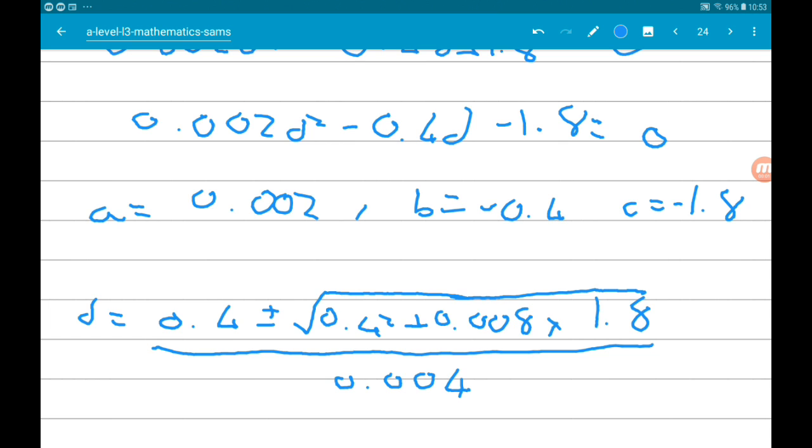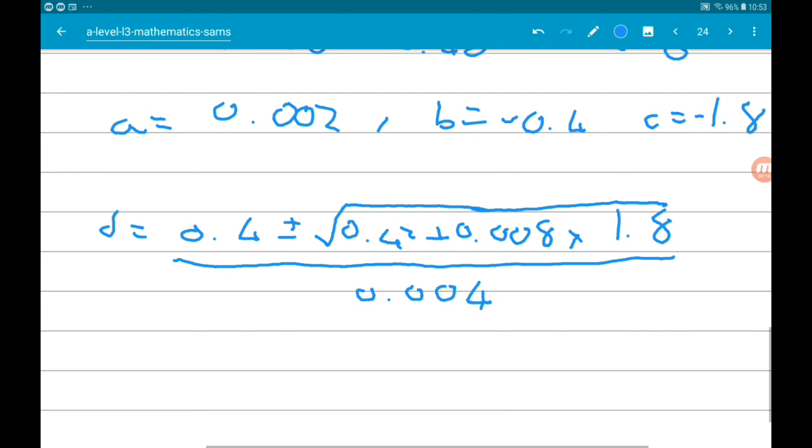Okay, so having put that through my calculator, we only want the plus the square root value. The other one, when we use the minus, gives us a negative value. So we get d is equal to 204.4 blah blah blah.